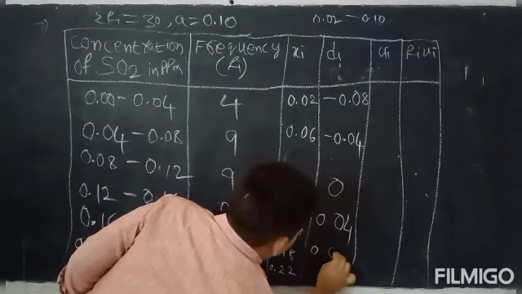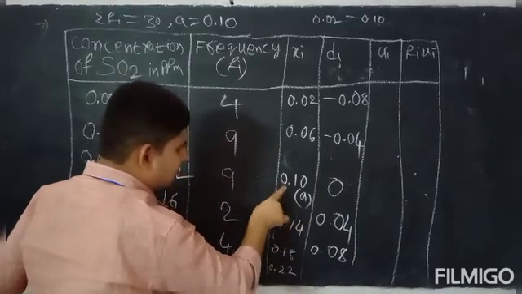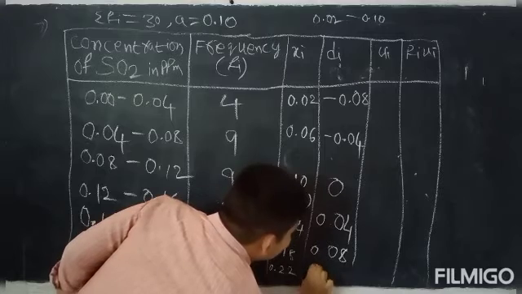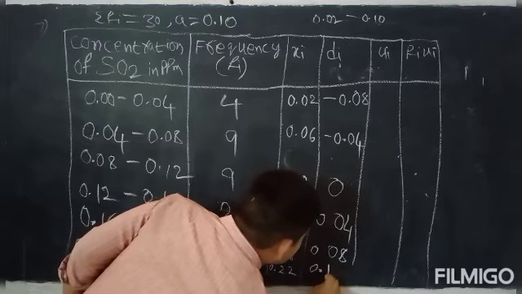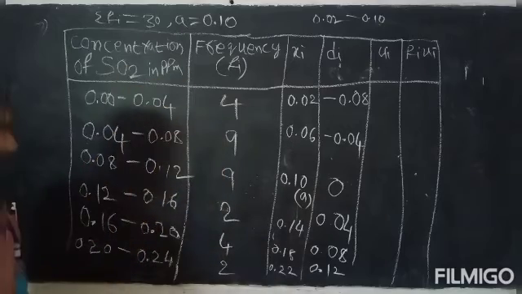Okay? Next, 0.22 minus 0.10, 0.12. Okay, now Di is completed.